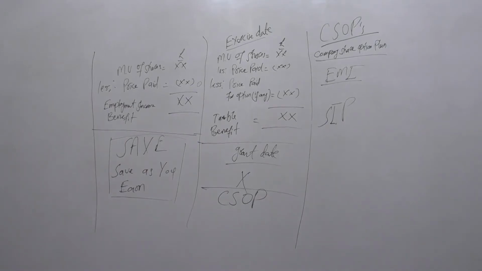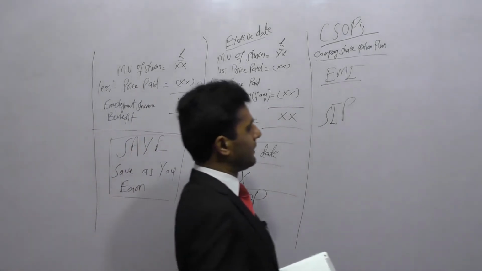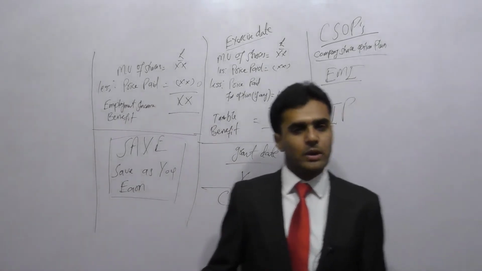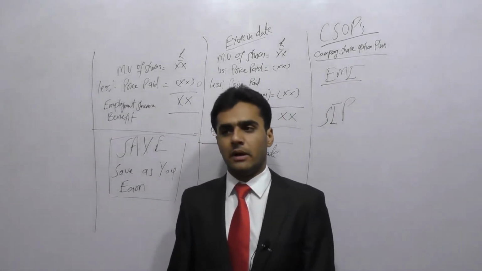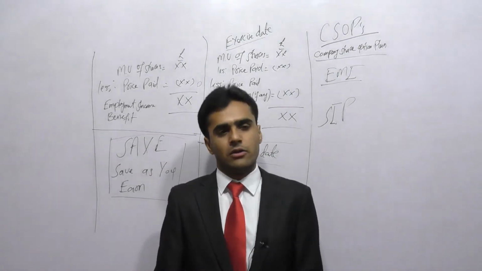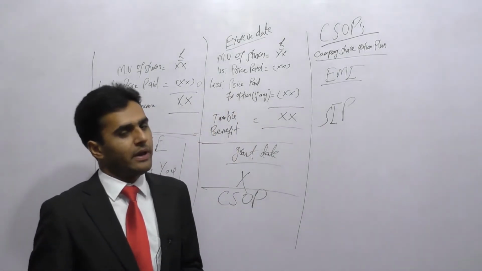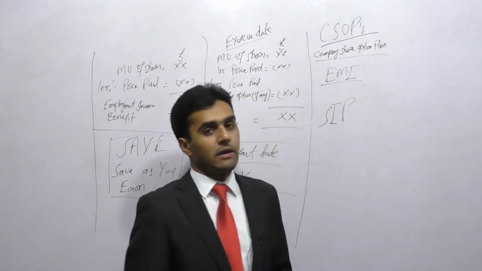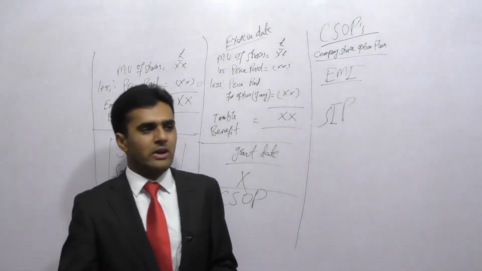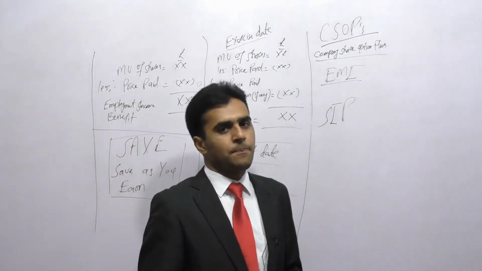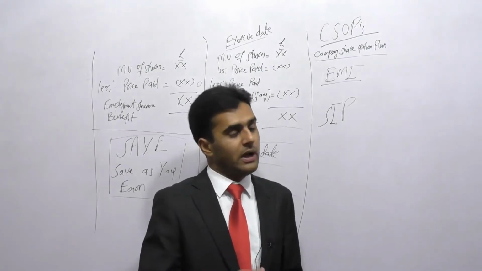So what would happen is that the employer first gives the shares to the employees, and gives some target as well, because he wants the employees to work very hard, and then he can give them some shares.